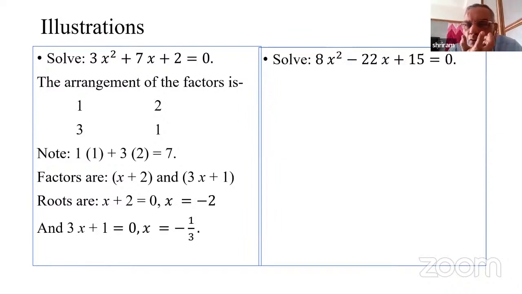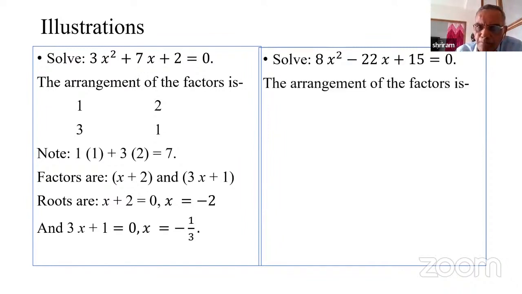8 has only two choices, 2, 4, and 8, 1. Arrangement of the factors will be, yes, 2, 4 and minus 3, minus 15. Because I want the cross product to be minus 22, I must select minus 3 and minus 5. You can have the answer now, straight away.